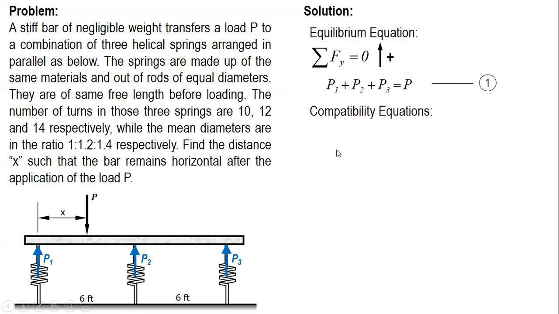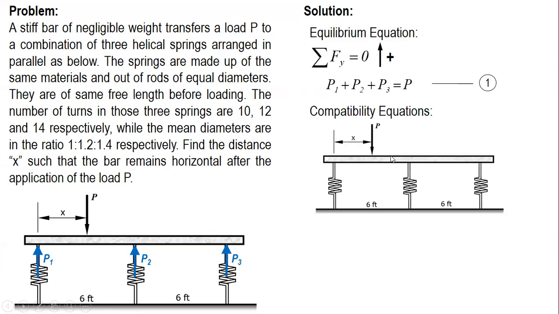So for the compatibility equation, let's consider the springs. And from the condition, the bar will remain horizontal. So upon applying the load, the three springs will compress and remain horizontal, it means the deformation is the same.